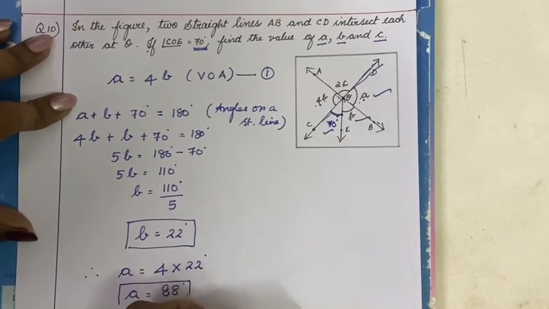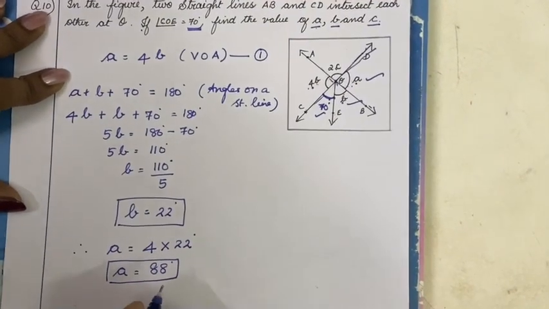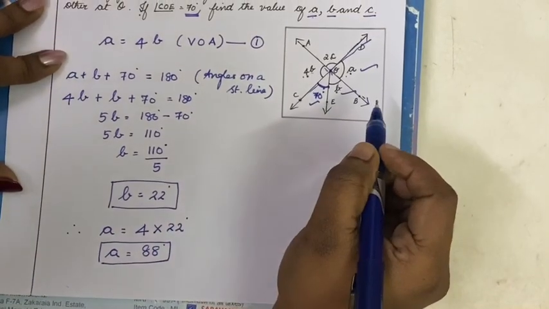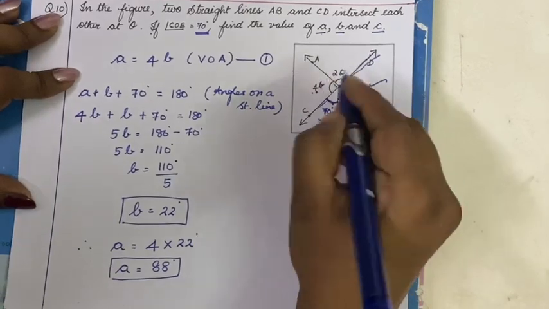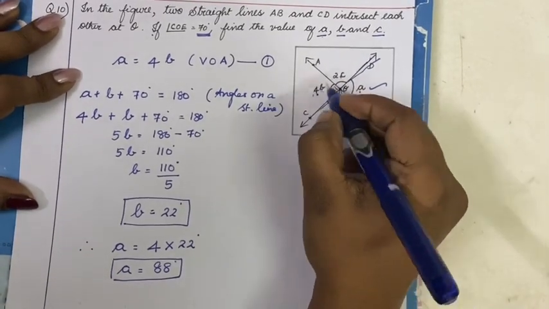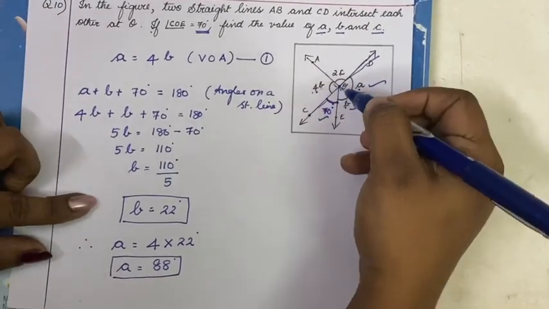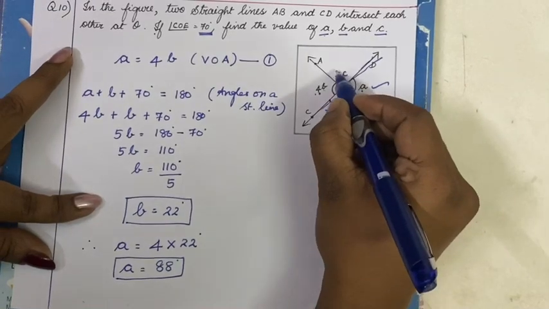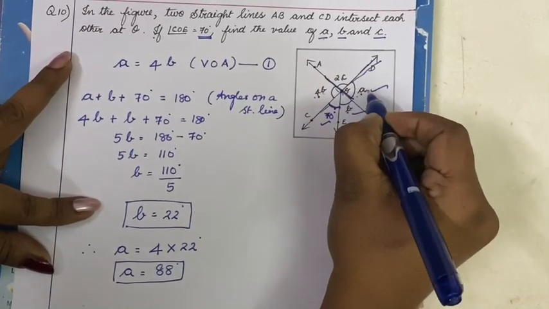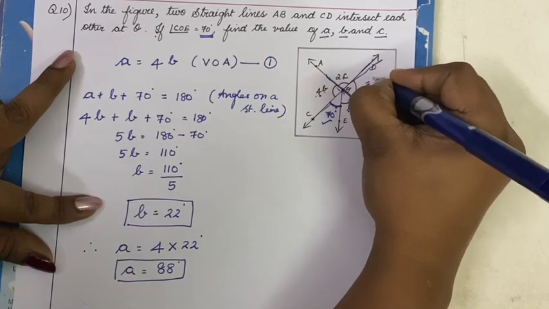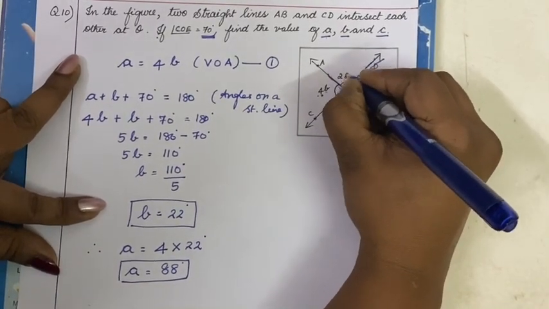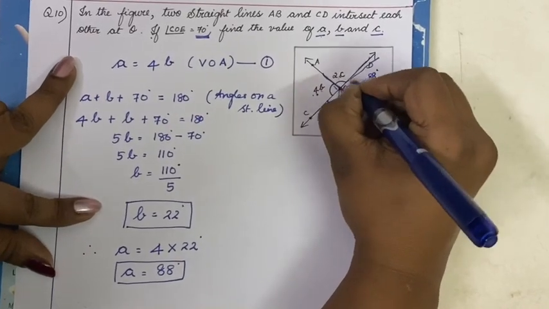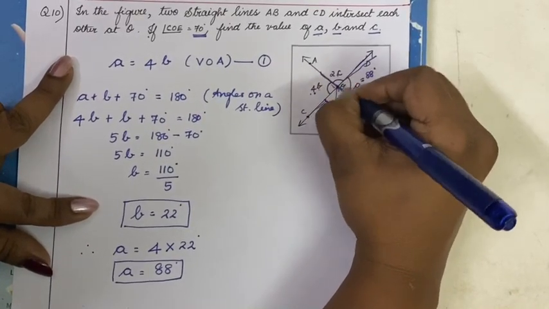Now this has become very simple for us. Only one thing is left out. A is equal to 88 degrees, and we are supposed to find the C value. What can you say about A and 2C? A and 2C make a linear pair.